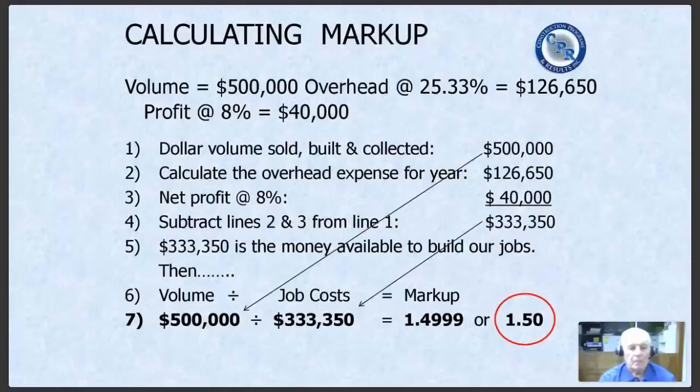Okay, now let's go to calculating our markup. How do we get that 1.50 figure right down here in the corner? Let's assume you've got a small company and you're doing $500,000 a year and your overhead is 25.33%, or $126,650.